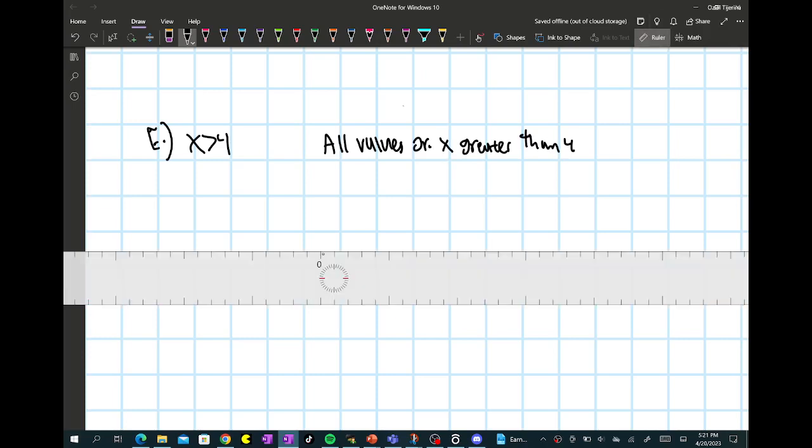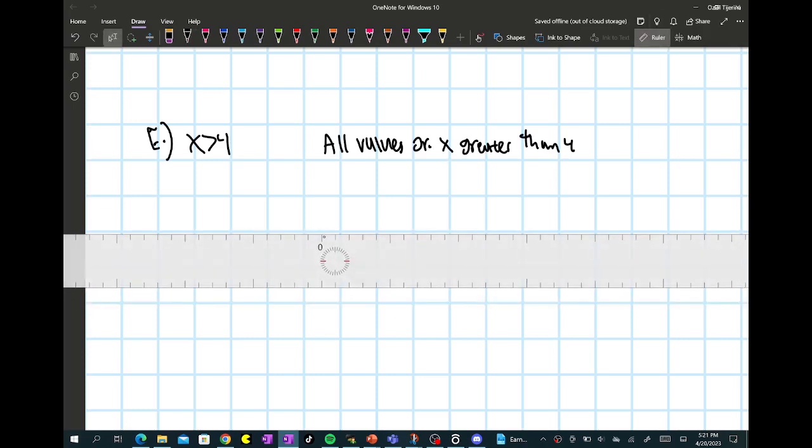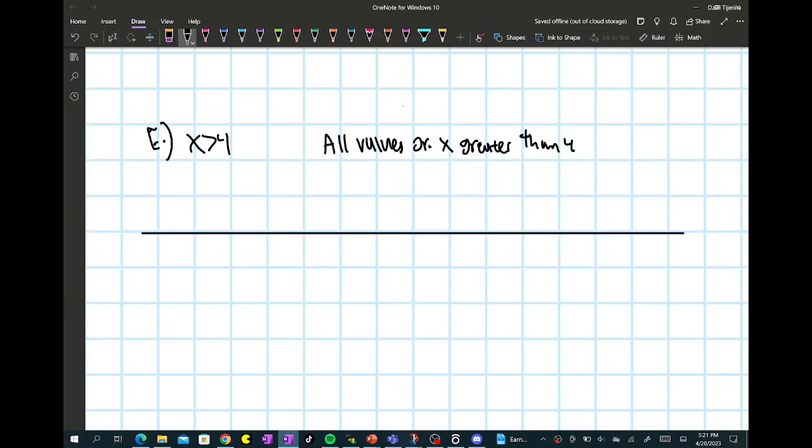So here's how you would do it. And by the way, guys, I'm first going to graph it, and then I'm going to do the interval notation, because this one is a little bit different. So we have something like this. Okay, 0, -1, -2, -3, -4, etc.